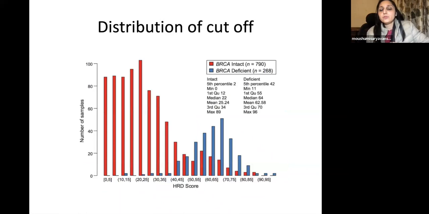And when this cutoff was checked in the patients who had BRCA deficiency or BRCA mutant versus the patients with BRCA intact, again it was found that this score was coming to between 40 to 45, around 42. So that's based on those kinds of statistical findings that this score was derived.